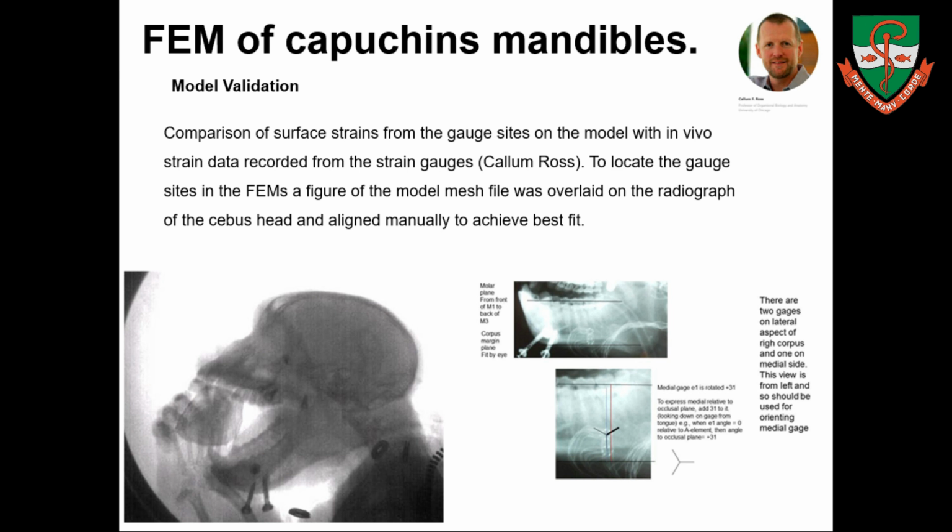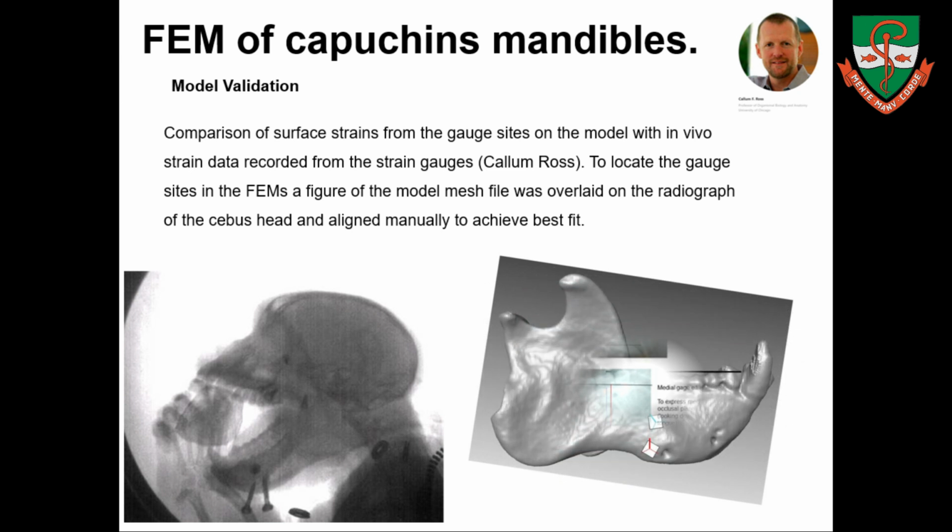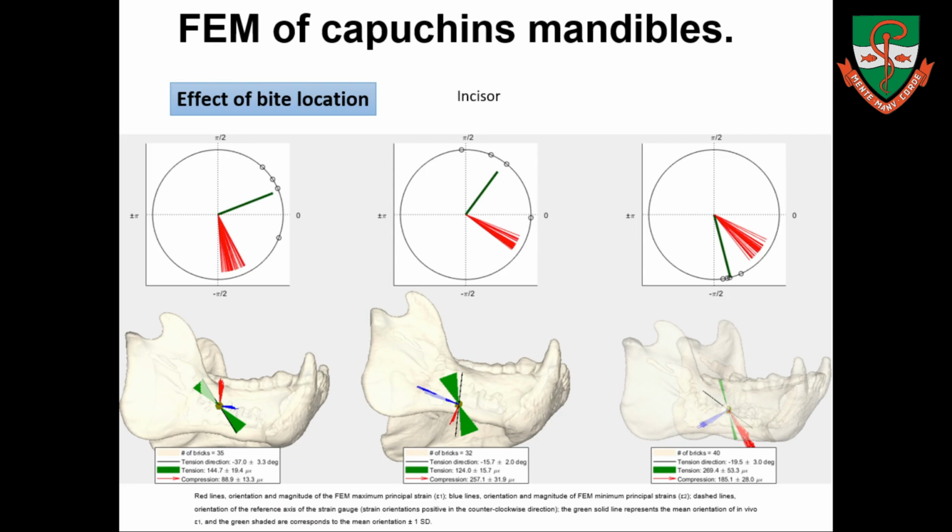What we tried to do is insert the finite element model, match it, get this site nearby the in vivo analysis and send this result to Pepe. So we had an upper lateral gauge site, a lower lateral gauge site, and a medial gauge site.